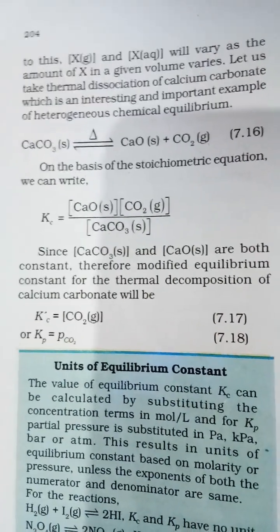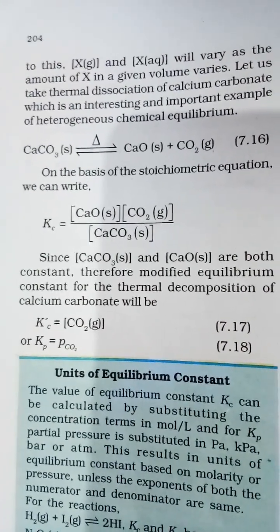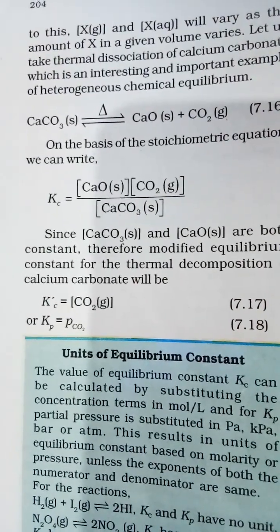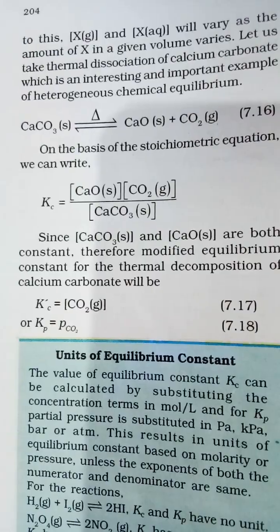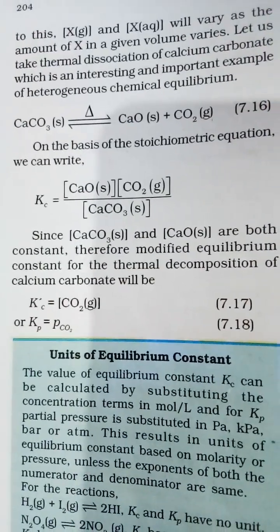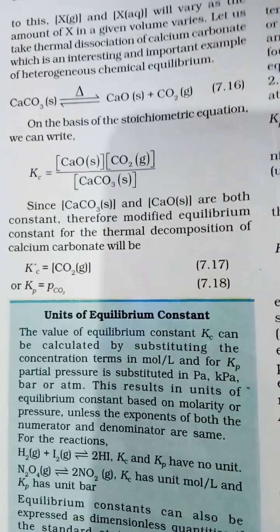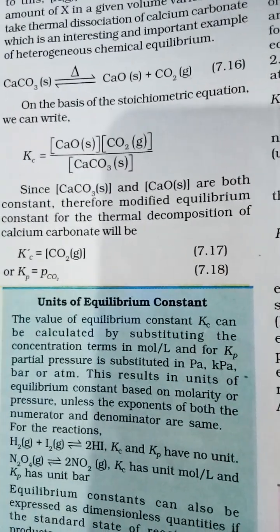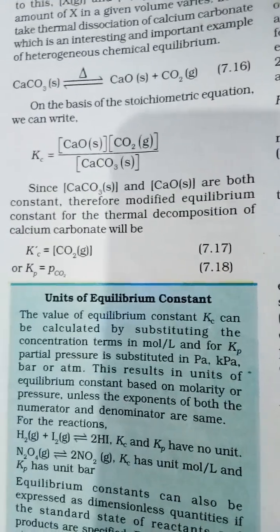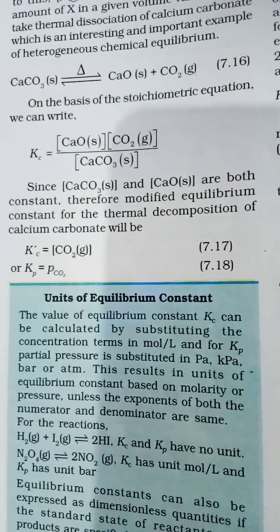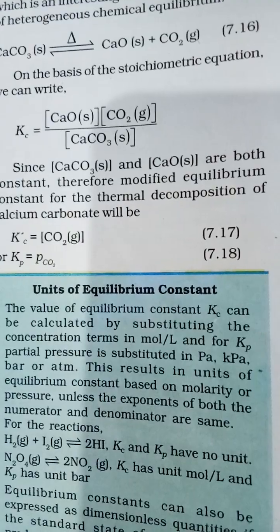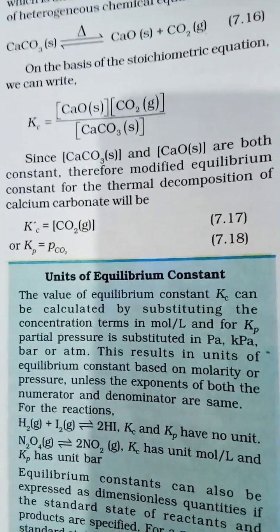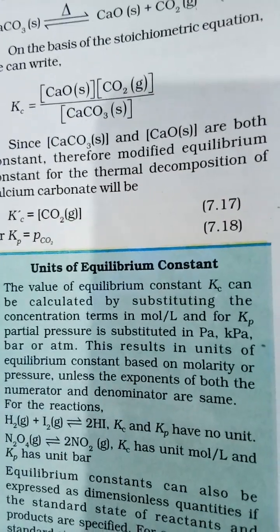On the basis of the stoichiometric equation, we can write Kc is equal to [CaO][CO2]/[CaCO3]. Since CaCO3 solid and CaO solid are both constant, the modified equilibrium constant for the thermal decomposition of calcium carbonate will be Kc = [CO2], and Kp = PCO2, G for gas.